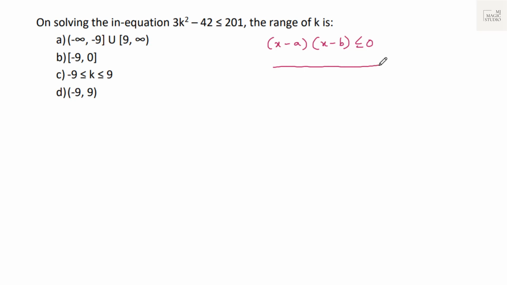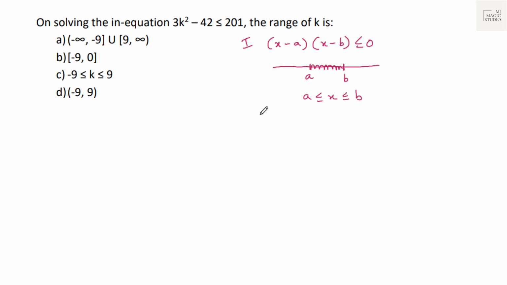Now, the second step would be to plot a and b on the number line. Suppose a is less than b, so we have plotted this a and b on the number line. If it is less than equals to 0, then the domain for x will be from a to b. That is, x will be between a and b.